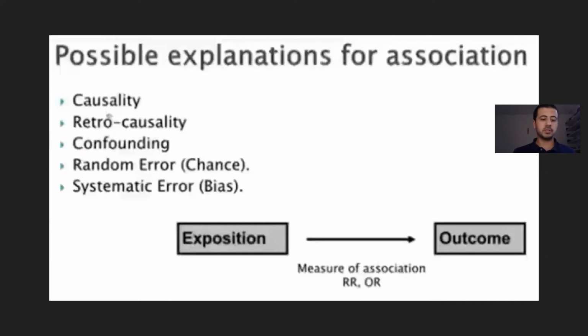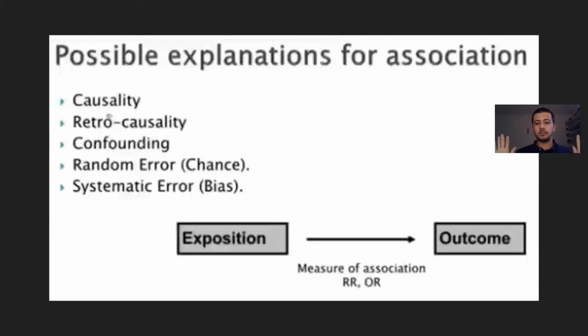Of course, there are a lot of other examples for confounding, such as smoking. For example, there was a study that drinking coffee causes pancreatic cancer, but actually it wasn't drinking coffee. Those who drink coffee usually smoke with the coffee, so smoking causes pancreatic cancer, not the coffee itself. So this is another example.